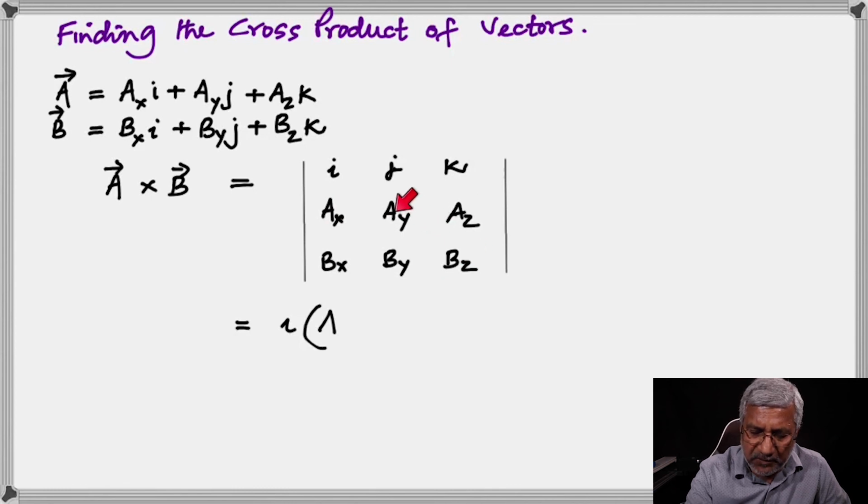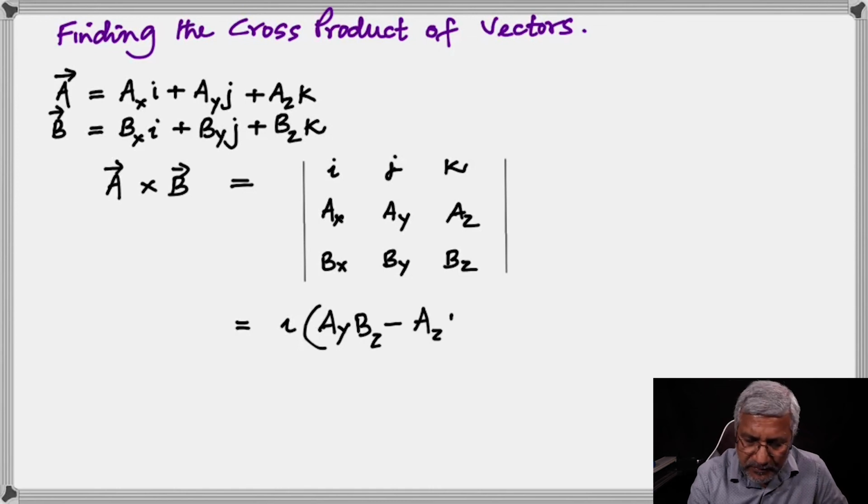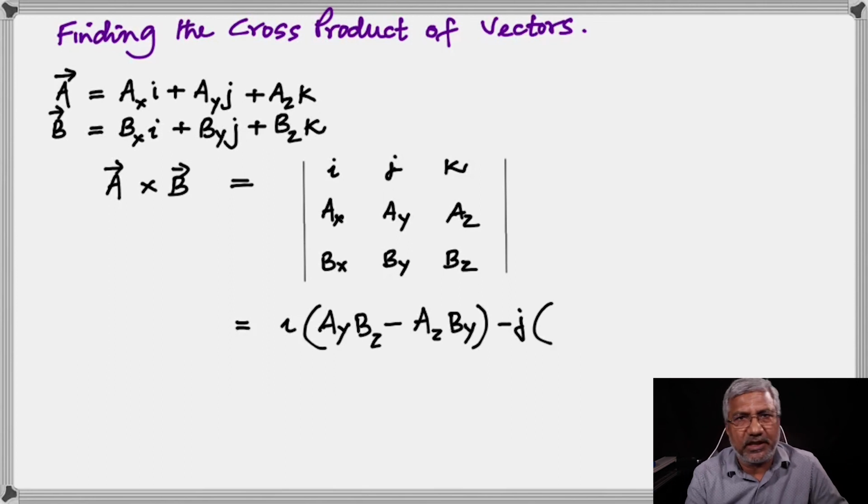And then you go multiply from left to right. So AY times BZ minus AZ times BY. Again, AY times BZ minus AZ times BY. So that will give you the coefficient of I. And to find the coefficient of J, you got to put a negative. That's just for J, and I'll tell you why shortly.